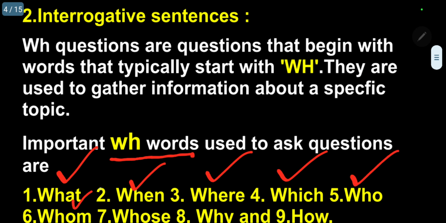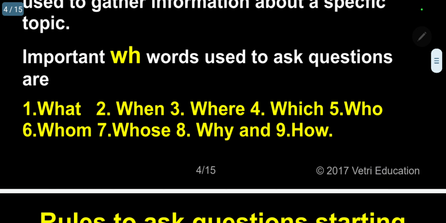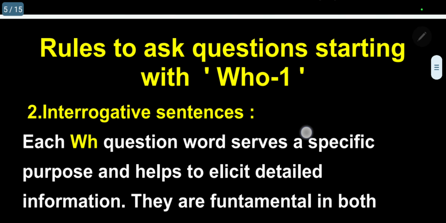Next to be discussed are whom, whose, why, and then how. Except how, all the words start with WH. Only in how the letters are reversed: H comes first and W goes last. You must keep this difference in mind.